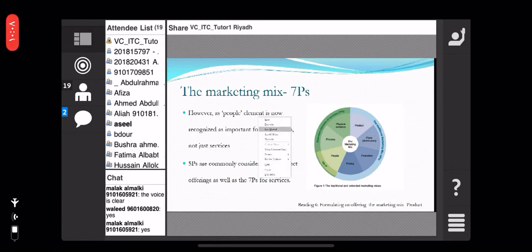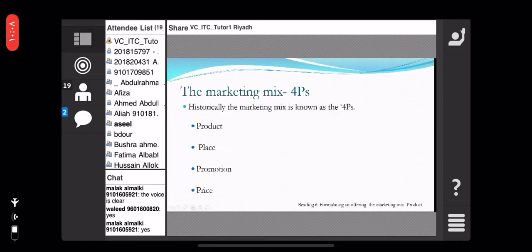Let's go to the previous slide. Here we go. If the companies are selling, let's say, mobile phones, the mobile phone basically is a product, P number one. It needs a place where you want to sell. Of course, it needs a promotion, otherwise how would people know that you are offering a cell phone.